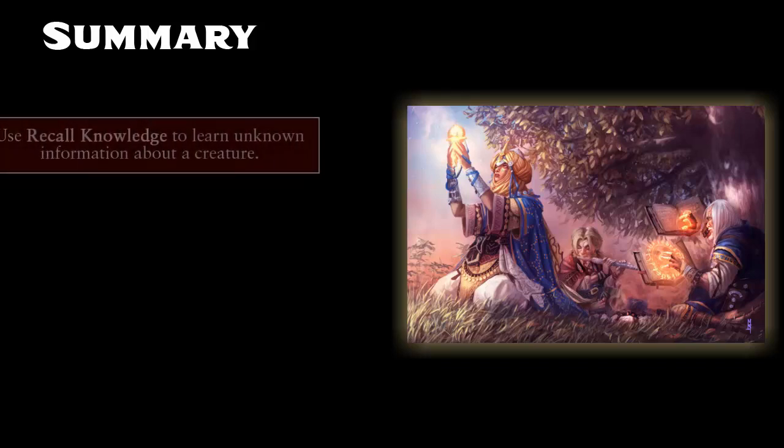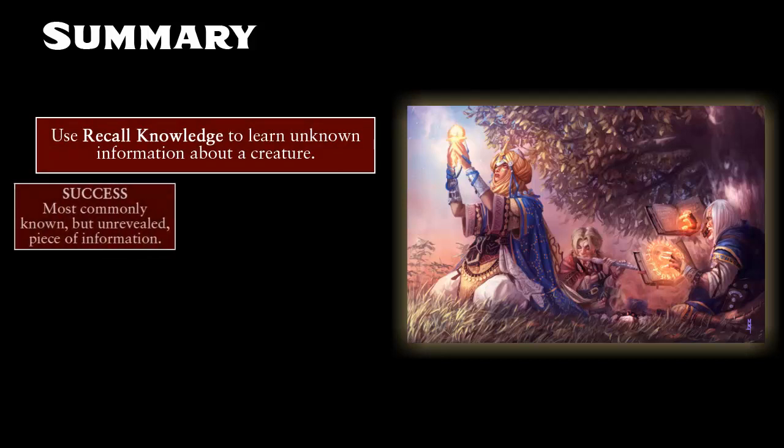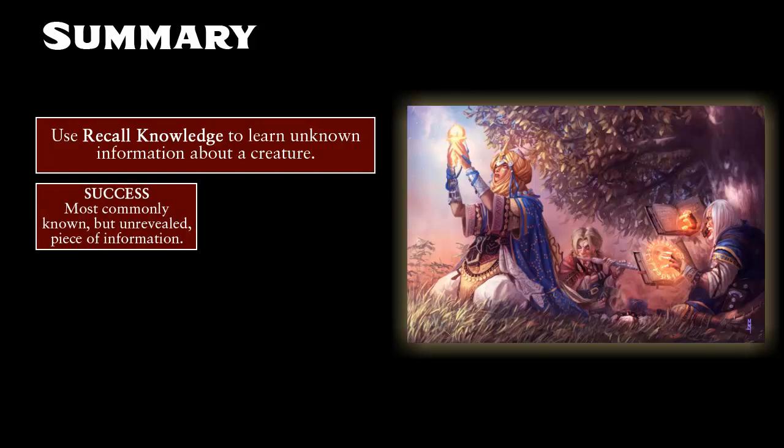In this video, we discussed the basics of identifying monsters. Players may attempt recall knowledge checks to reveal secret information about a creature. On a success, they learn the creature's species and possibly its name if it is unique, and also learn 1 piece of unrevealed information. This is determined by the GM and should be the most commonly known but so far unrevealed detail about the target.